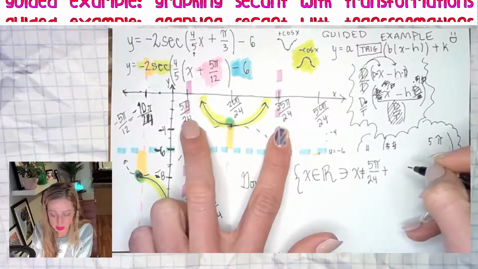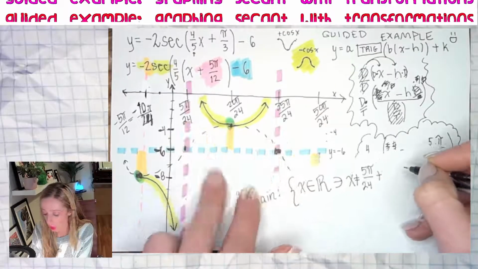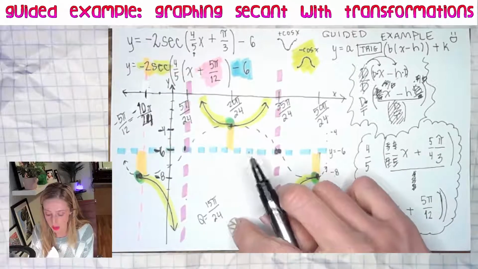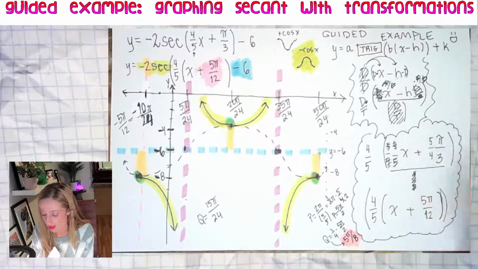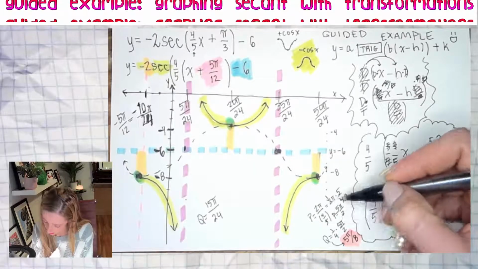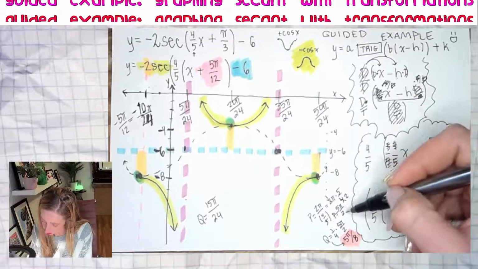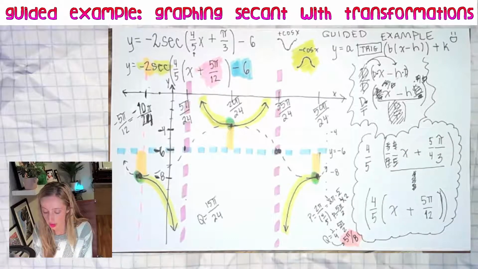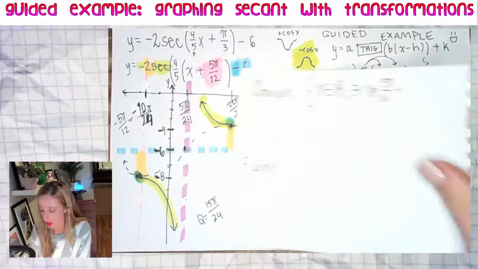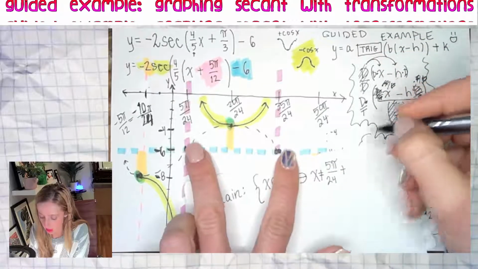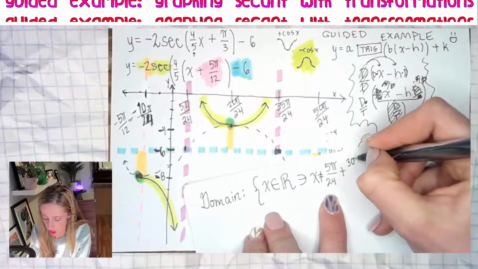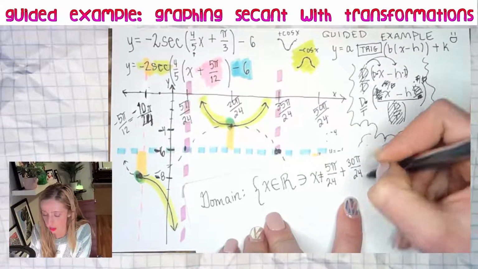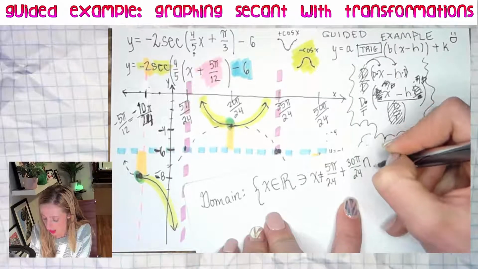Here, it's pretty easy to see that it's 30 pi over 24, or we could remember that it's 2 quarters, which is also 30 pi over 24, or it's half of the entire period.